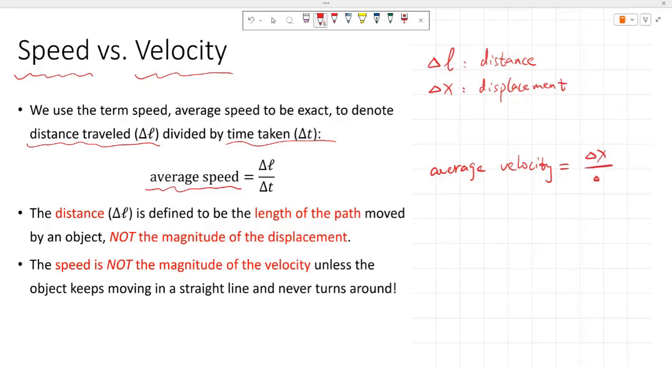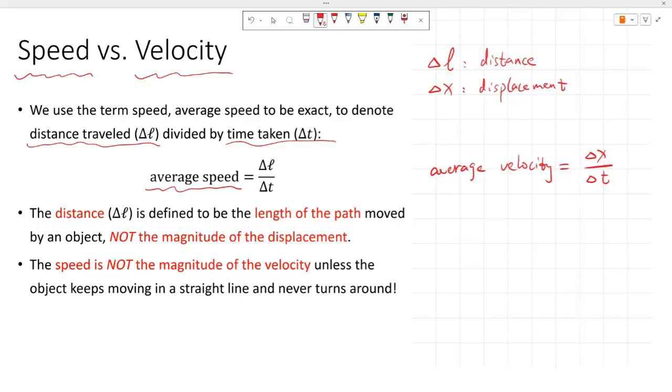The only difference between the average velocity and the average speed is that the average velocity comes from displacement, which is a vector. The average speed comes from the distance, which is a scalar.